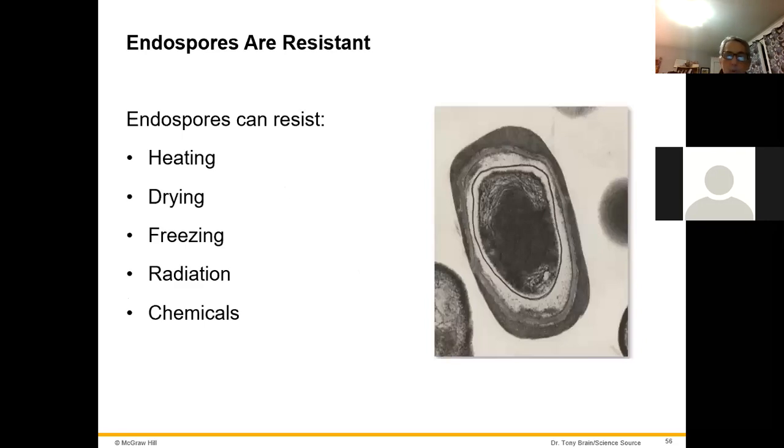These endospores make it very difficult to sterilize. Normal sanitation techniques will not destroy them. They're very resistant to heat, drying, freezing, radiation, and chemicals.